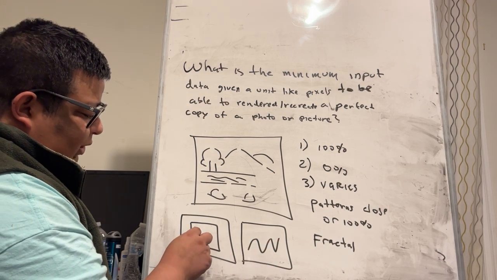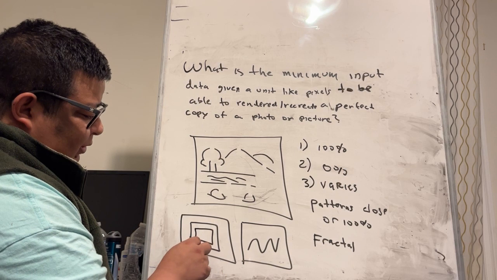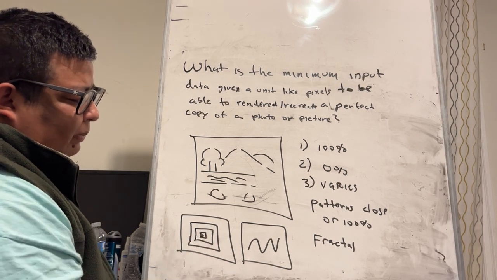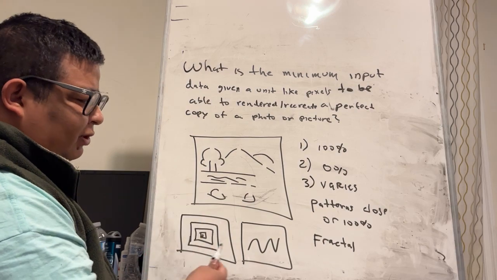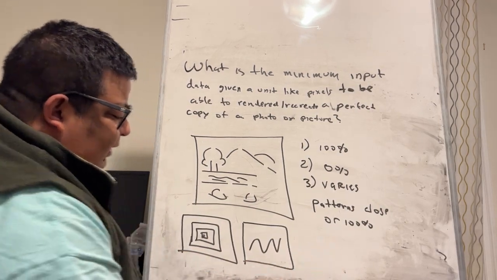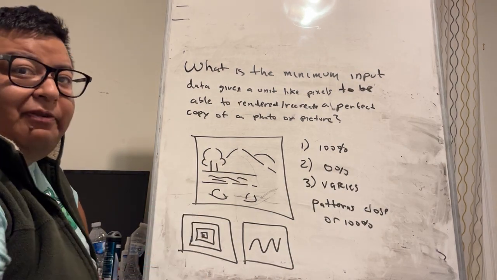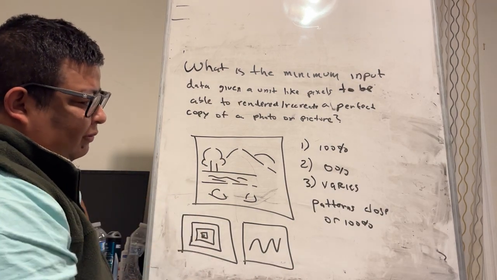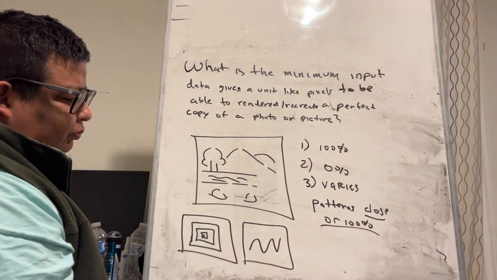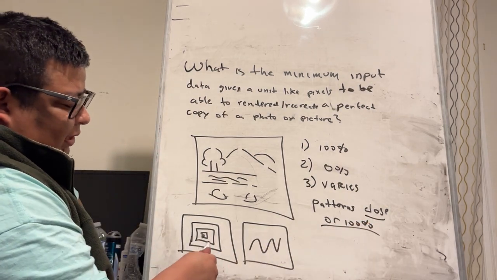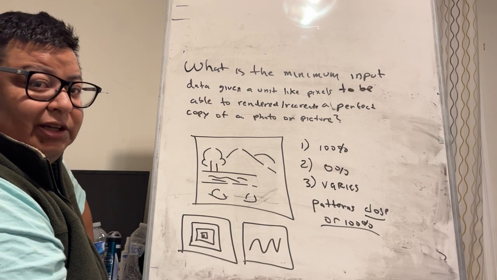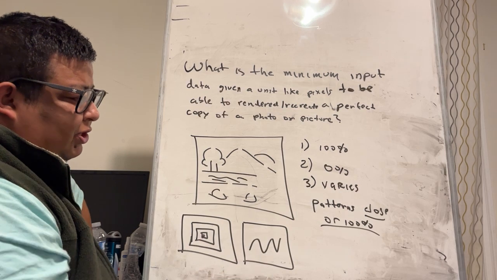Let's say I have a square, and I know that the square gets smaller and smaller in a regular pattern. If I already know beforehand that that's a pattern, then it gets close to or 100%. If it's something like this, it's 100%, because you already know how small it's going to get in each generation.